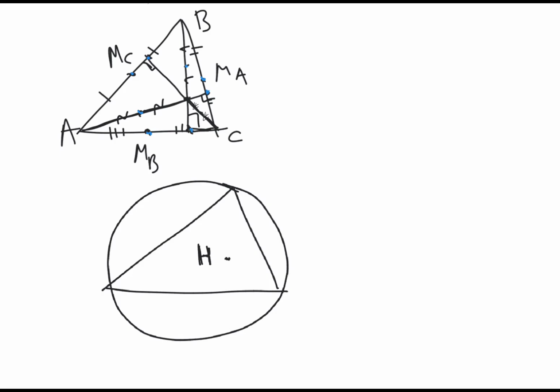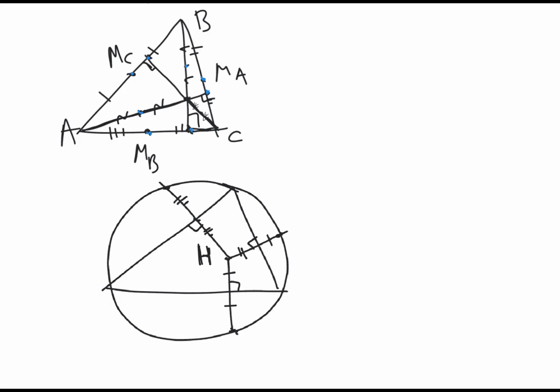Then if we reflect it with respect to the sides, then these reflection points would be exactly on the circumcircle. This is a well-known property, but let's prove it. It's not difficult to prove. I will prove it for one of them, the other two would be similar.